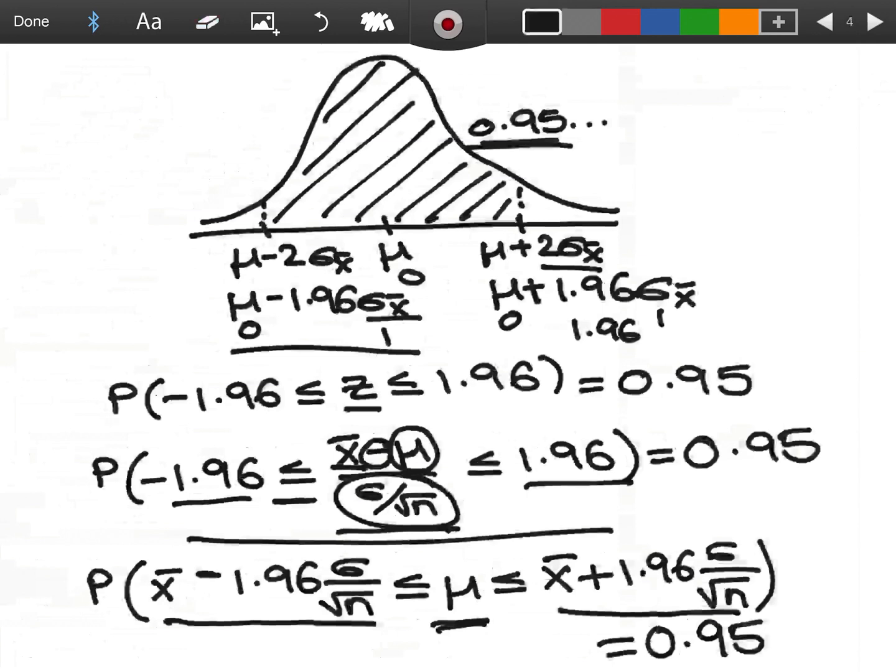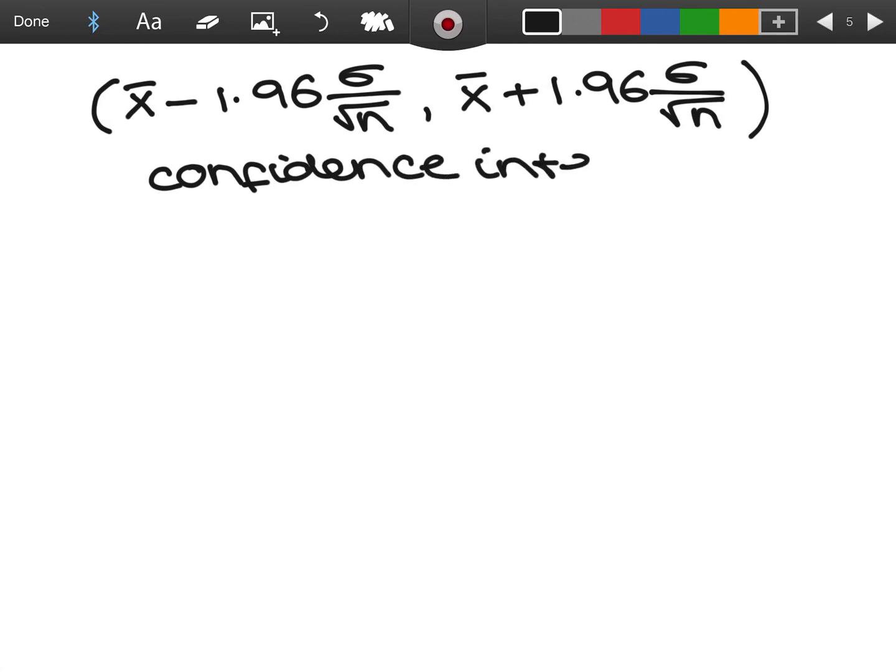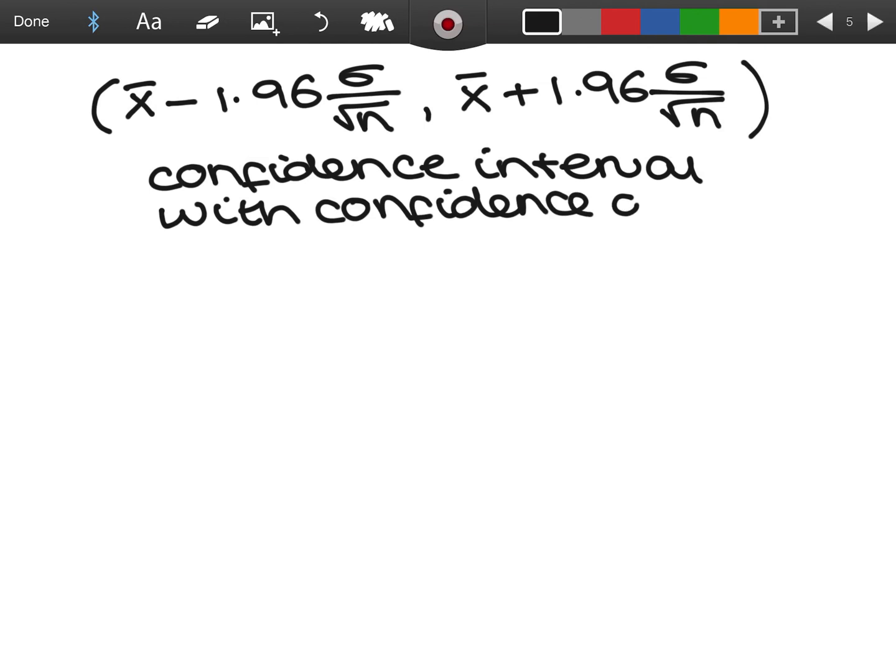Because that is how confident we are, we call this interval a confidence interval, in this case with confidence of 95%. Okay, because we are 95% confident that our population mean will lie in that interval.